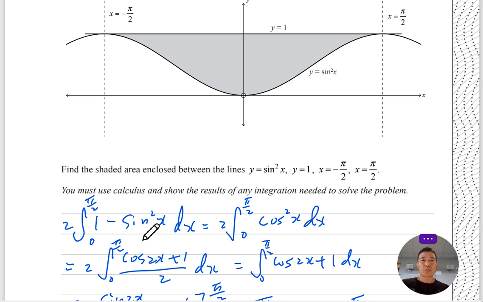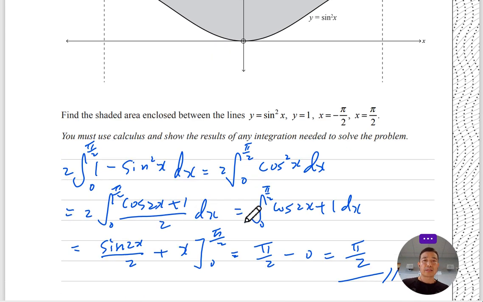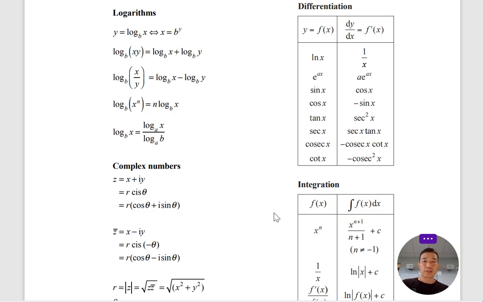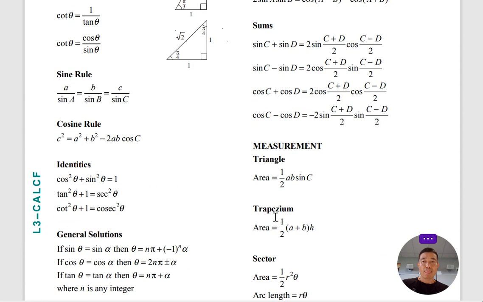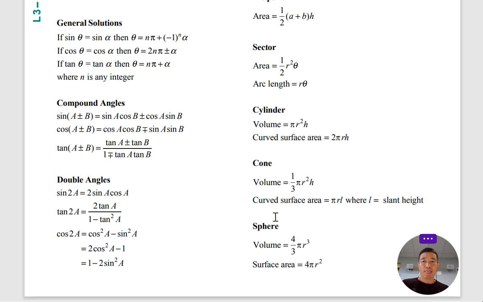So 1 minus sine squared x, isn't it? So y equals 1 is the top one, y equals sine squared x is the bottom one, so you find the difference. So you know 1 minus sine squared x is cosine squared x, and cosine squared x is, yeah, cosine 2x plus 1 over 2. So you have to figure it out from here.